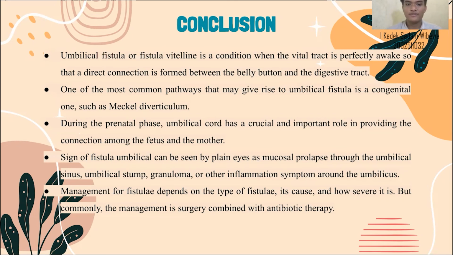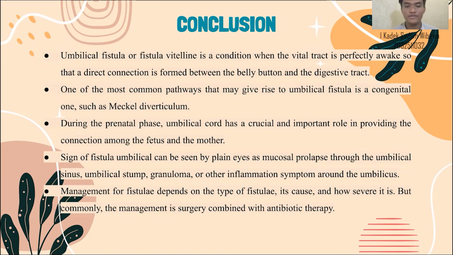Umbilical fistula or vitelline fistula is a condition when the vitelline tract remains patent so that a direct connection is formed between the belly button and the digestive tract. One of the most common pathways that may give rise to umbilical fistula is a congenital one, such as Meckel diverticulum. During the prenatal phase, the umbilical cord has a crucial role in providing the connection between the fetus and the mother.